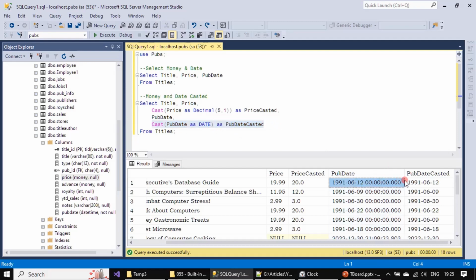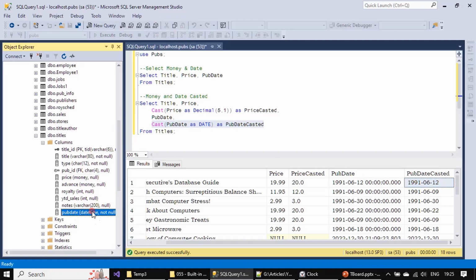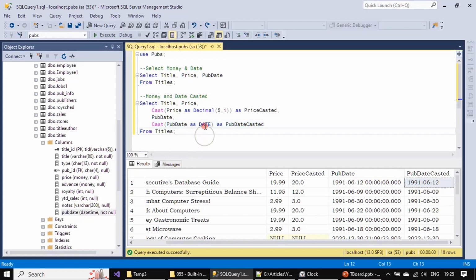Since these are all 0, after the casting only the date part is placed here: 12/6/1991. All those zeros are eliminated. Why? Because this is date and time, that's why you are seeing all these 0s. Here what we converted is just a date, so it doesn't include the time part. That's why you are seeing 12/6/1991.